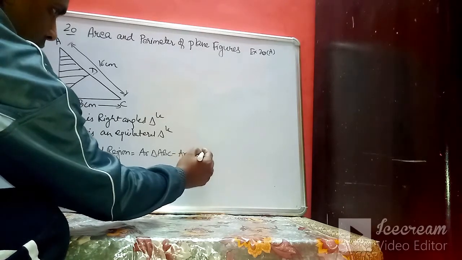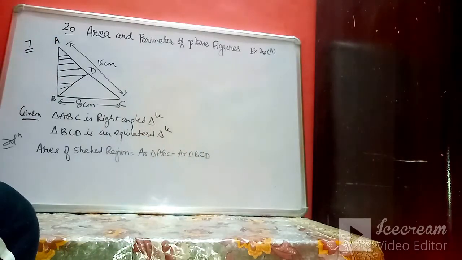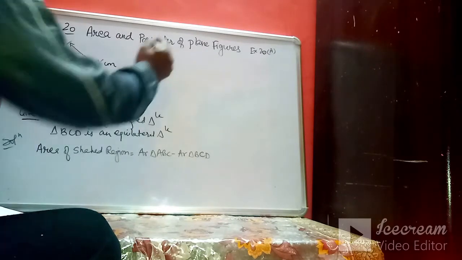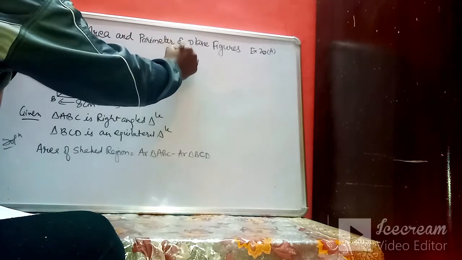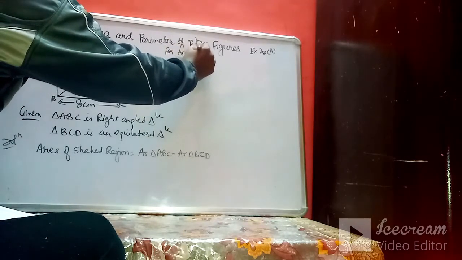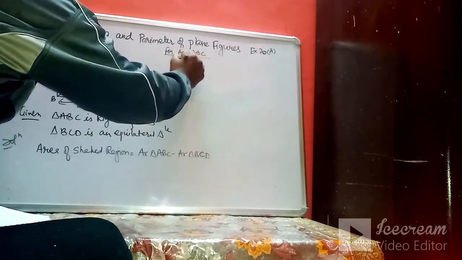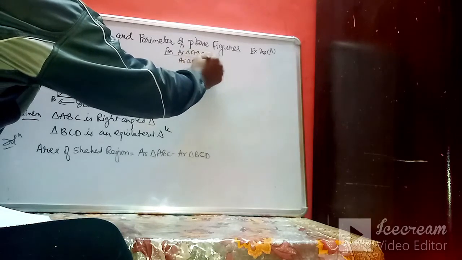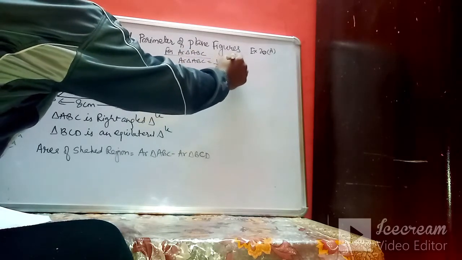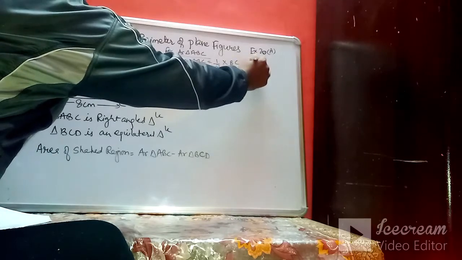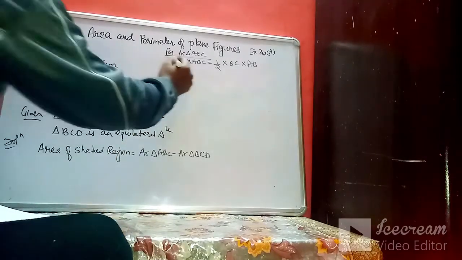If you subtract BCD from ABC, you will get the area of the shaded region. Now first we will find the area of triangle ABC. So what is area of triangle ABC in terms of sides? Half BC into AB. So we have to calculate AB.